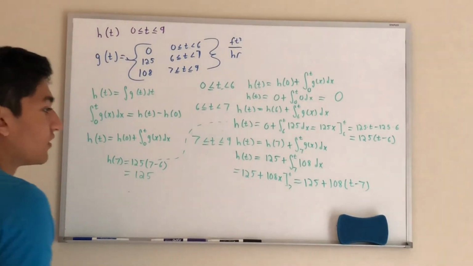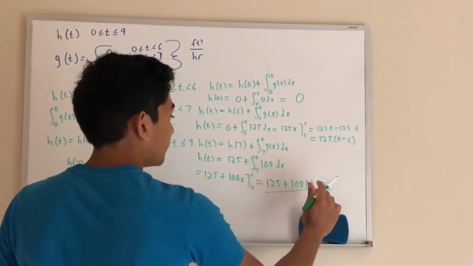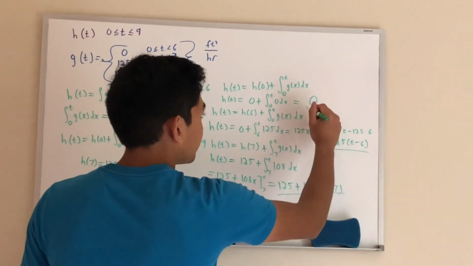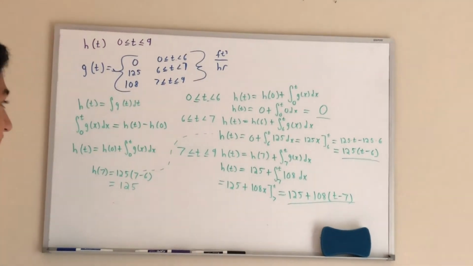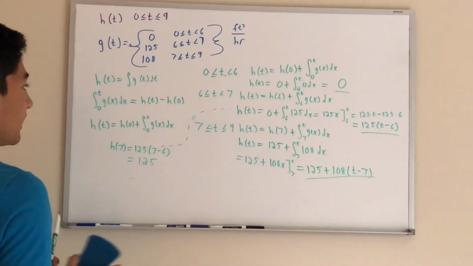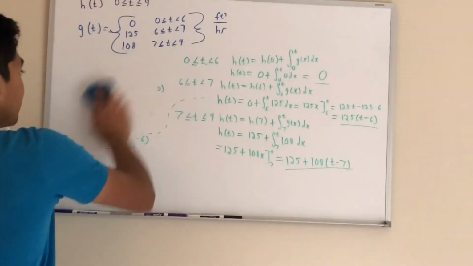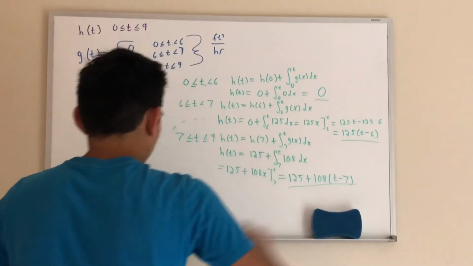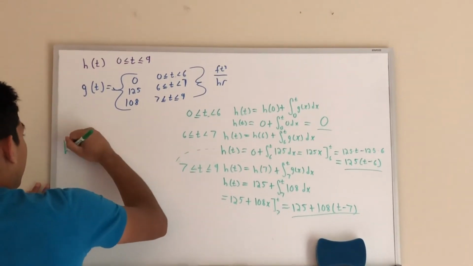So now that we have all of the values of our function at the different intervals, we can write this as a piecewise function. So in order to do that, we take h of t.